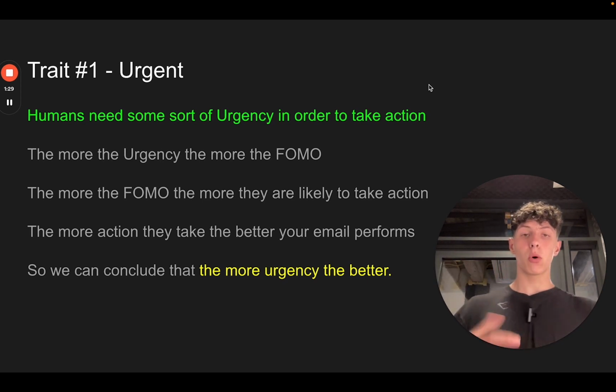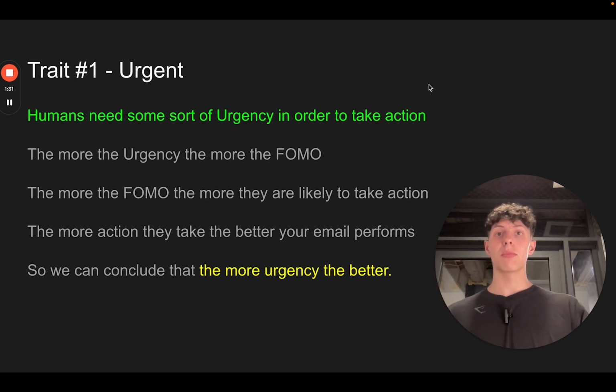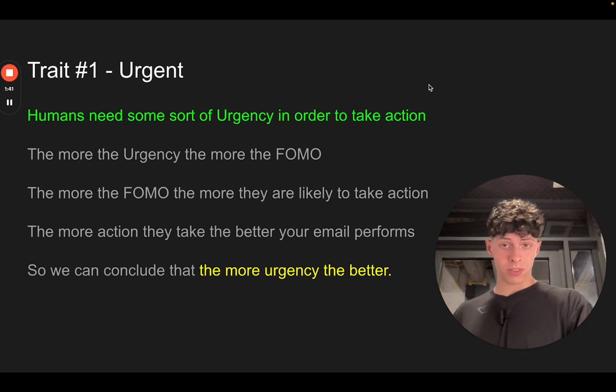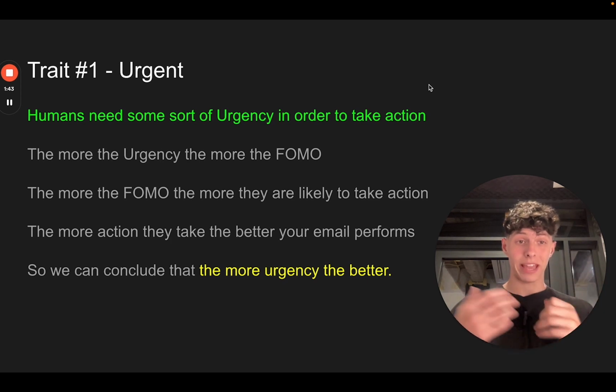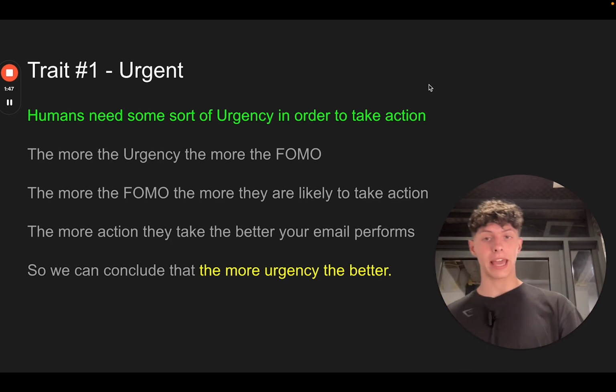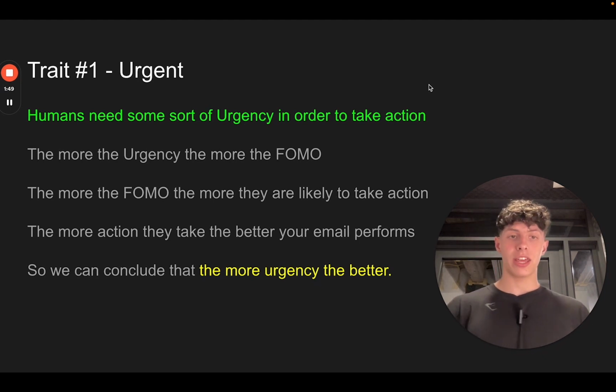And the more urgency we create, the more FOMO we create. So, fear of missing out. If it's something urgent, you are scared of missing out on that thing if you don't take action now. Which means the more FOMO, the more likely they are to take action now, and the better the email will perform. That is kind of self-explanatory.